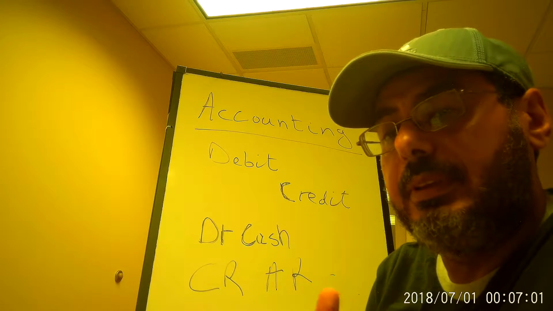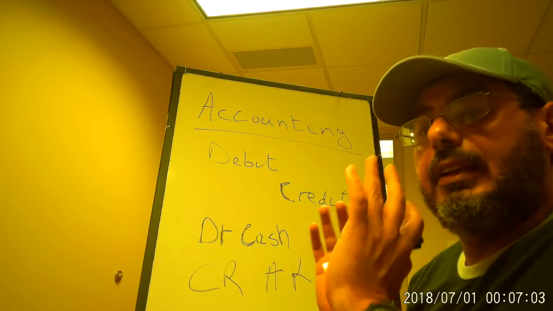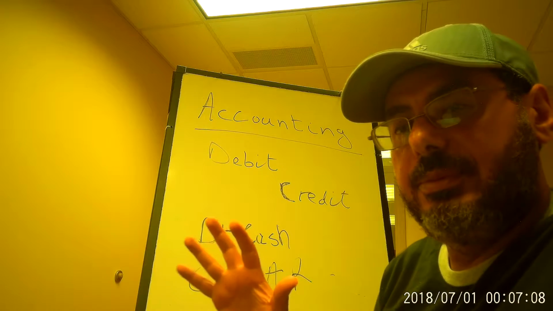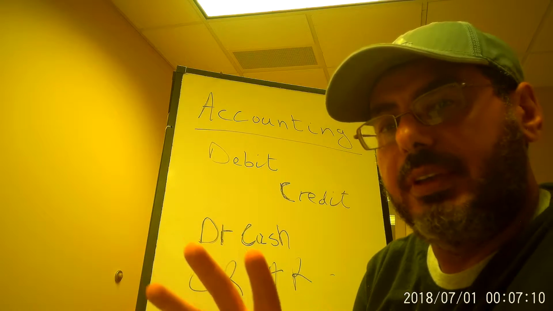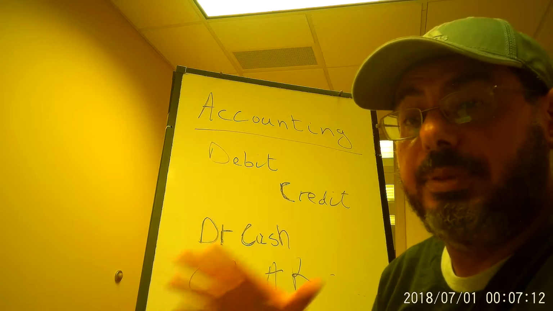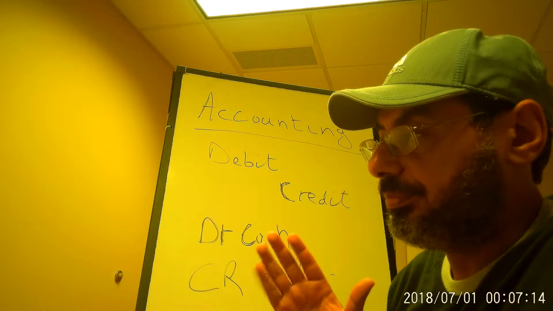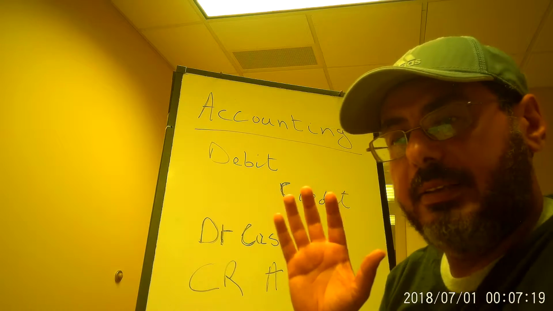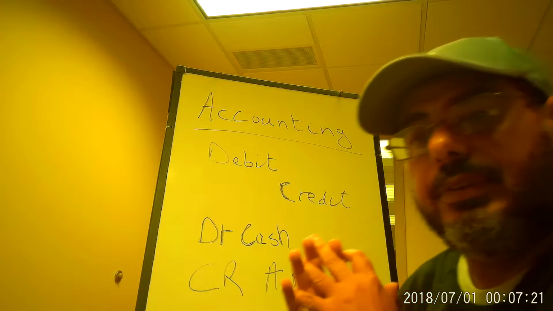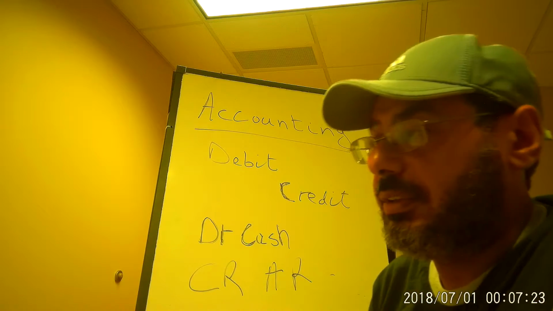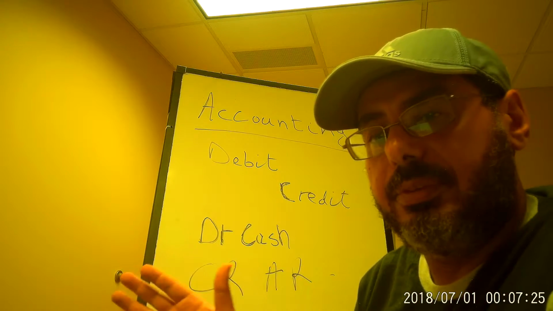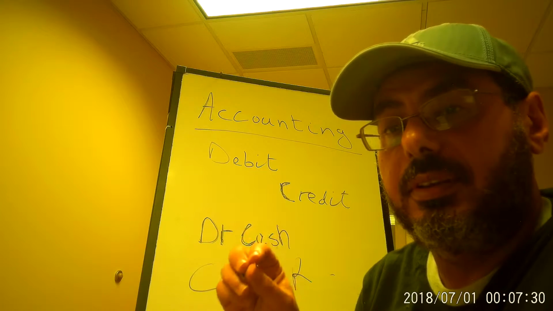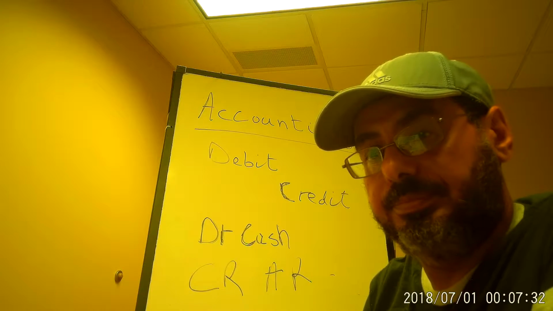The income statement is like a video recording that's showing a period of time. Let's say the income statement for 2018: it's going to show you all the revenues and all the expenses that occurred in 2018.